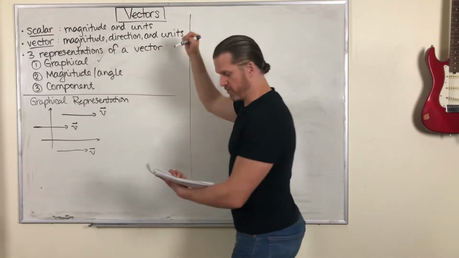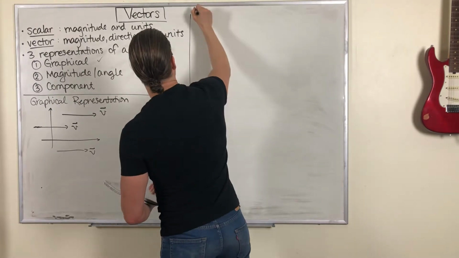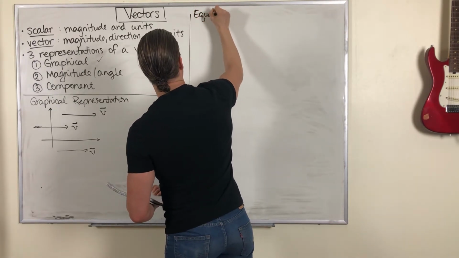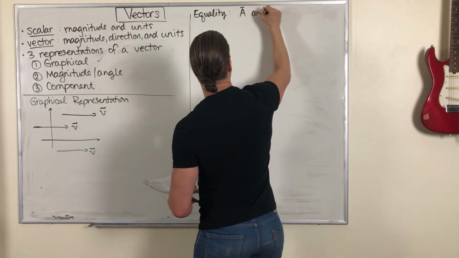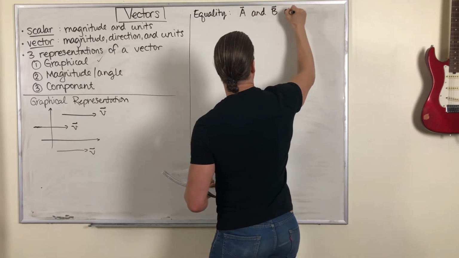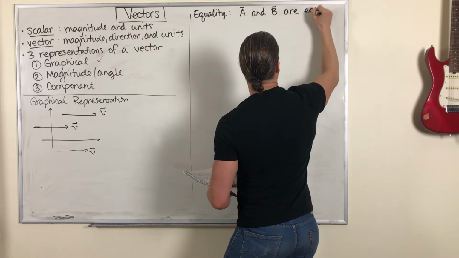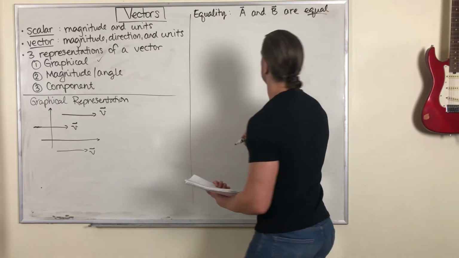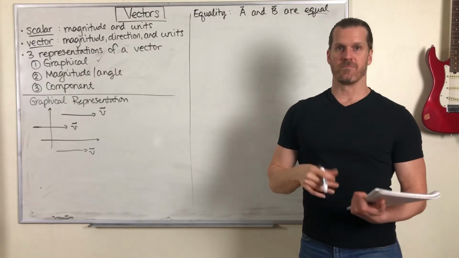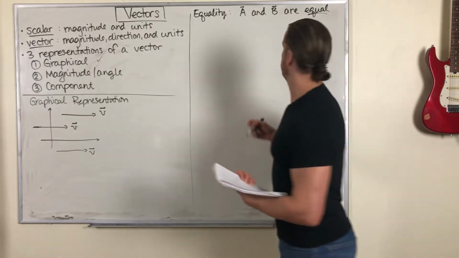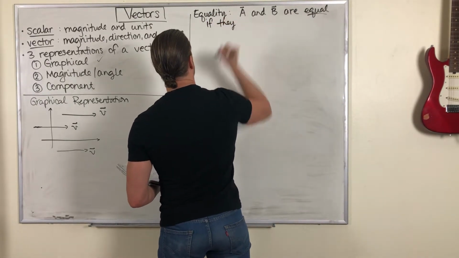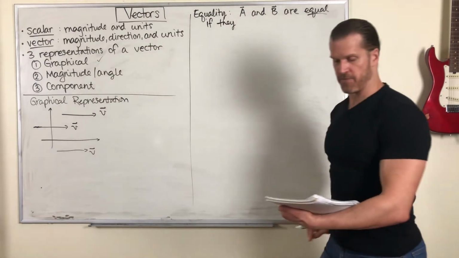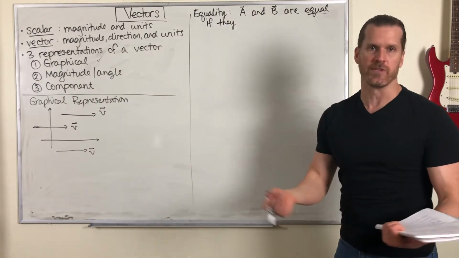So vectors are equal if they have the same length and point in the same direction. Or, in other words, if they have the same magnitude with units and direction.